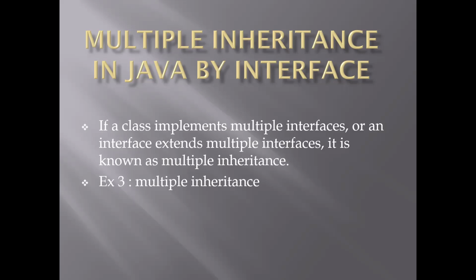And we said that multiple inheritance is not allowed in Java. For example, we cannot say class A extends class B and class C at the same time. We said this one is not allowed, right? Yes, and it was true.